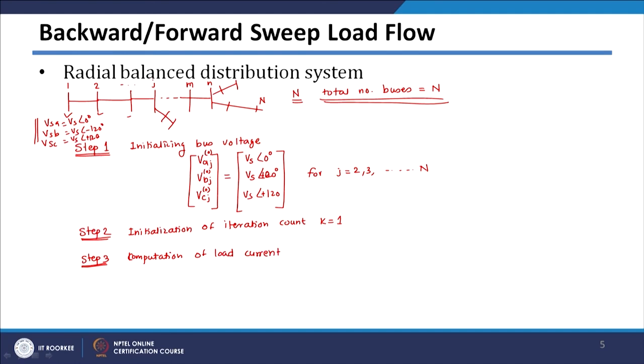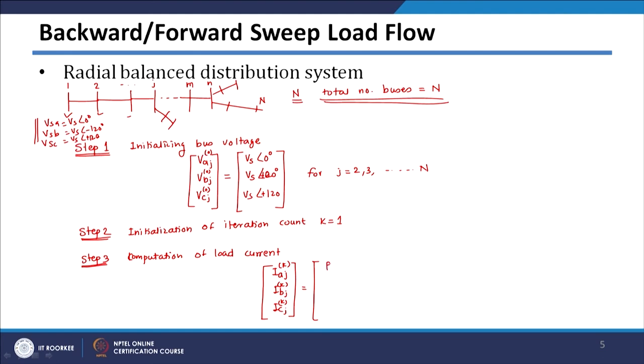However, in this case there are all the 3 phase currents. So, depending upon how many phases are present in a particular section, you need to get phase currents. So, I A j at kth iteration, I B j at kth iteration and I C j at kth iteration, which are basically the 3 phase load currents, will be equal to, it depends upon the loading.